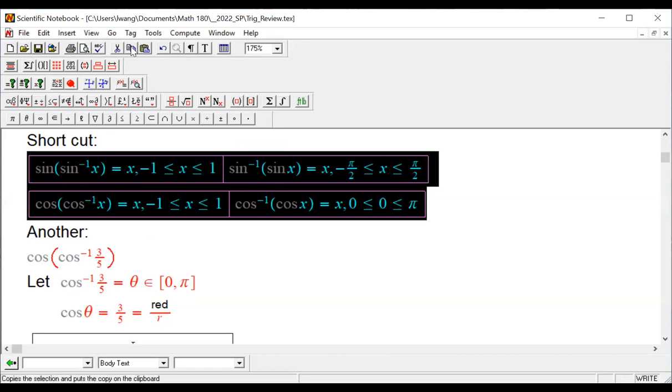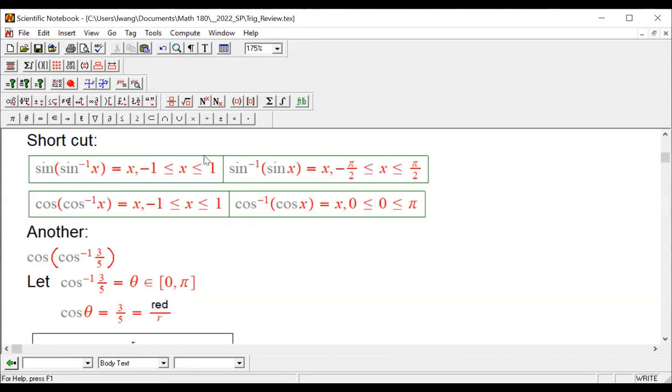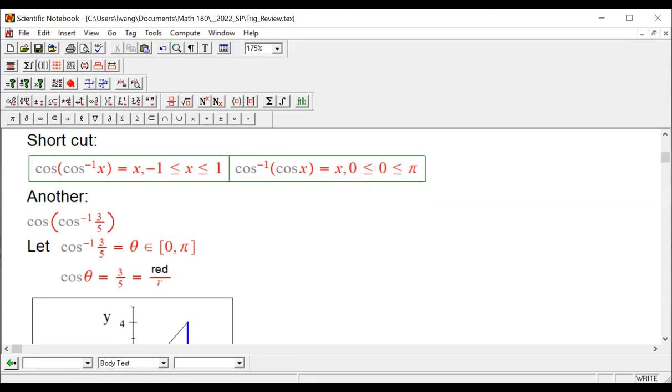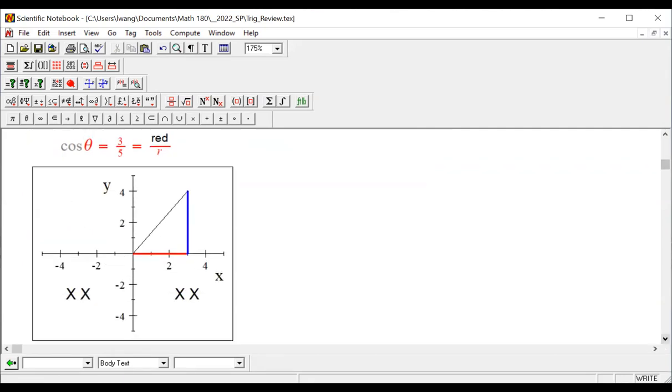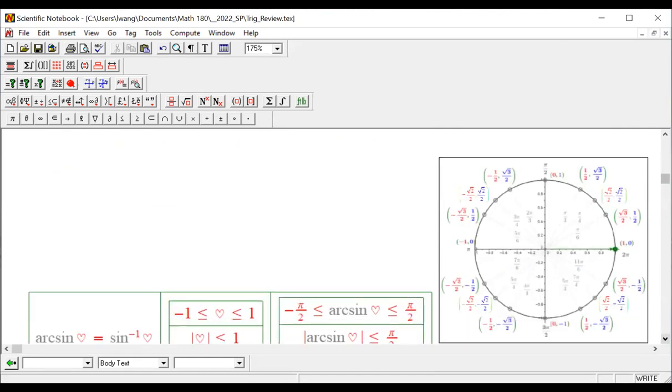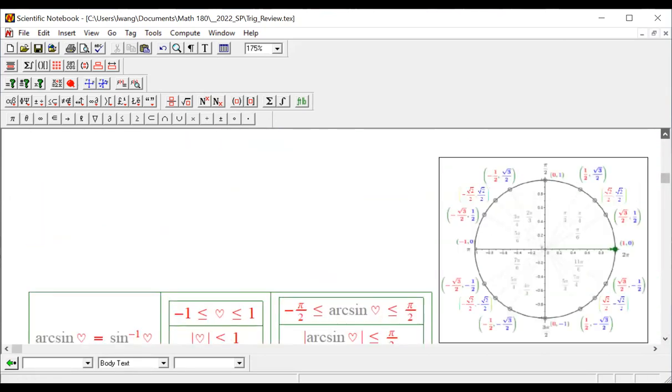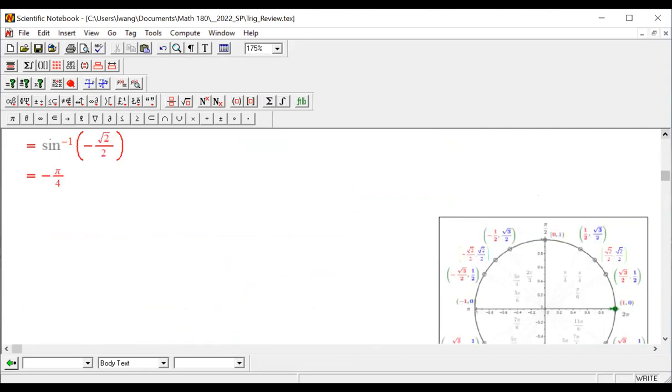So I'm bringing these shortcuts together. I don't expect you guys to remember these shortcuts, but the more you try to apply them, the better off you're going to be.